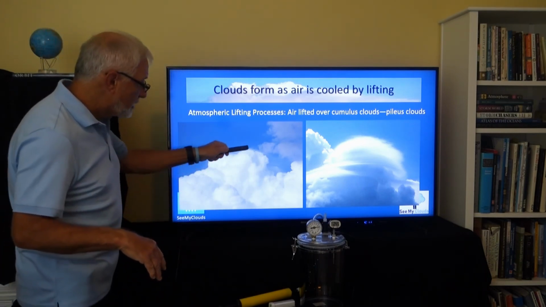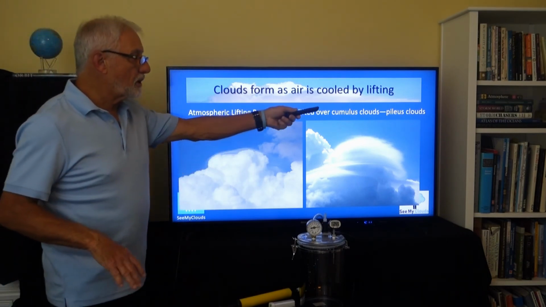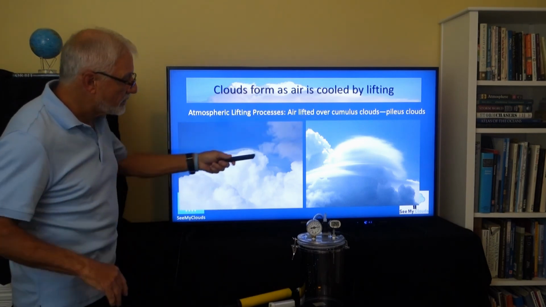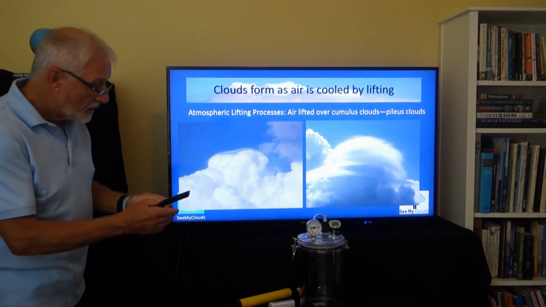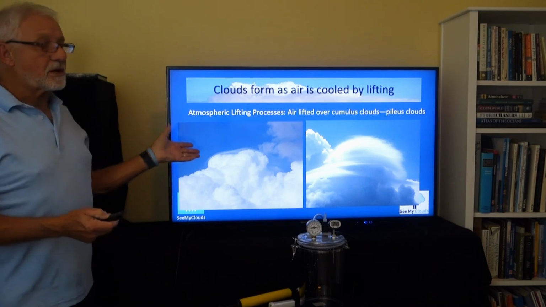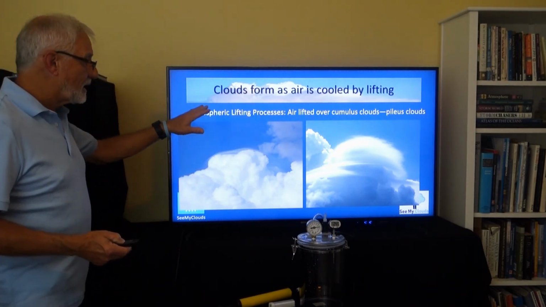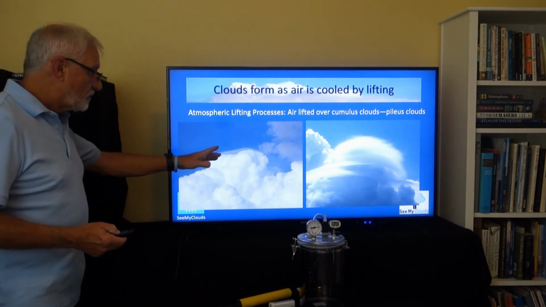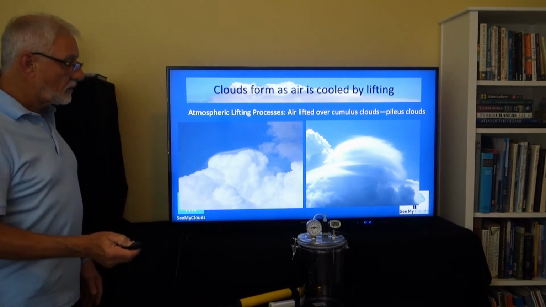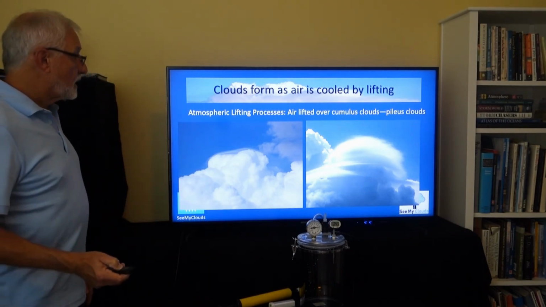And so we see this kind of a cloud. We call it the Pileus Cloud. Here's another really nice picture of this Pileus Cloud. So those are not as important for climate and weather, but they nevertheless illustrate the point and the impact of lifting on these cloud formation.